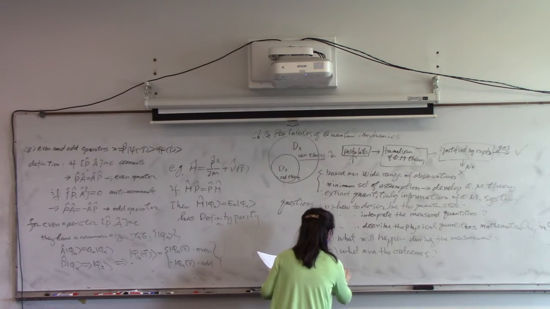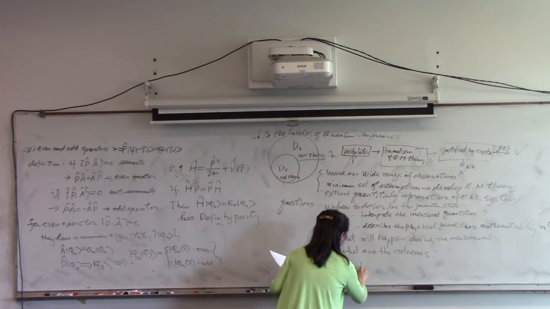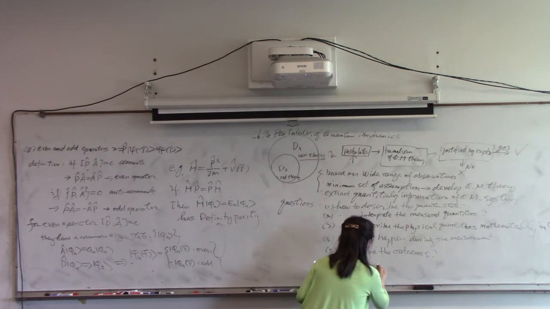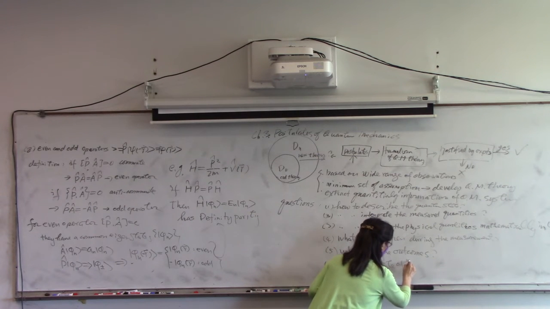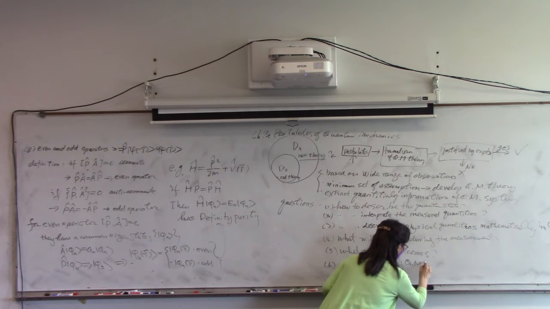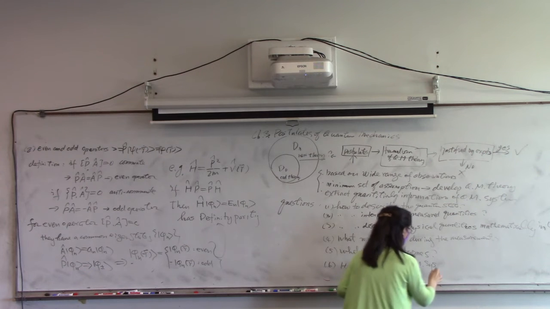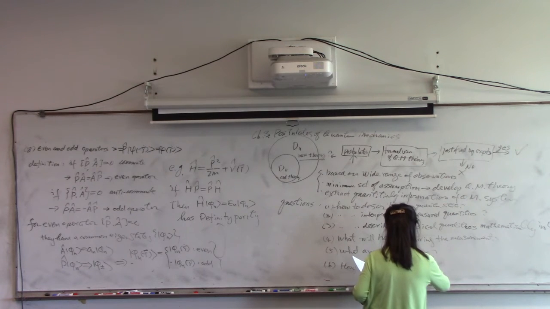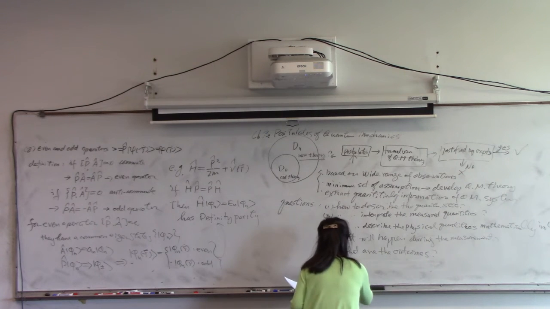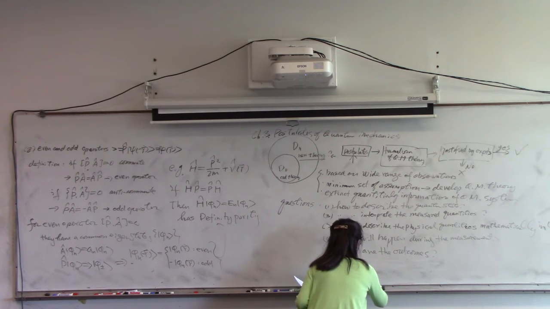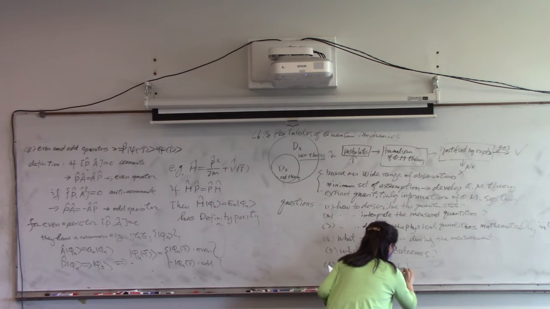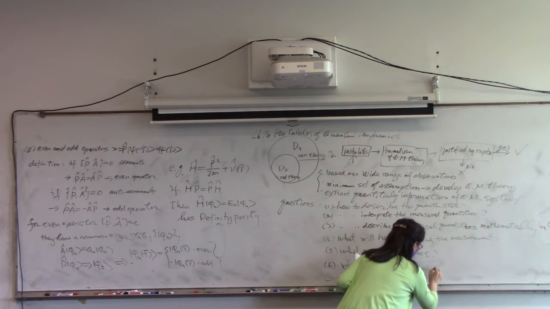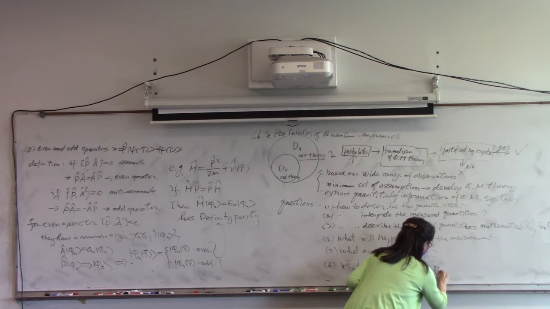Number 6, how do the states of a quantum system evolve? The quantum state.